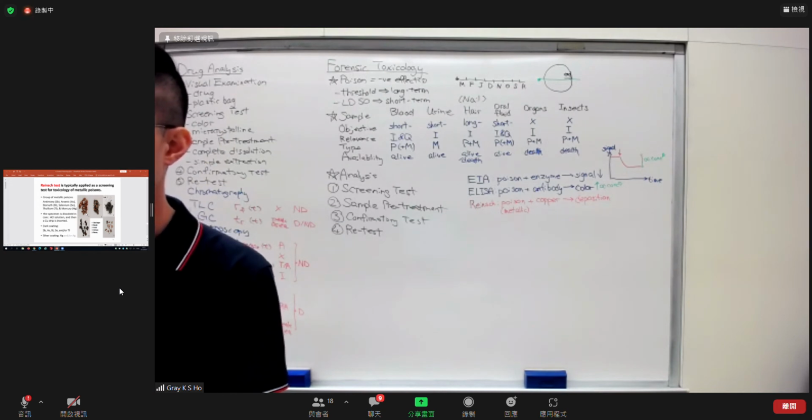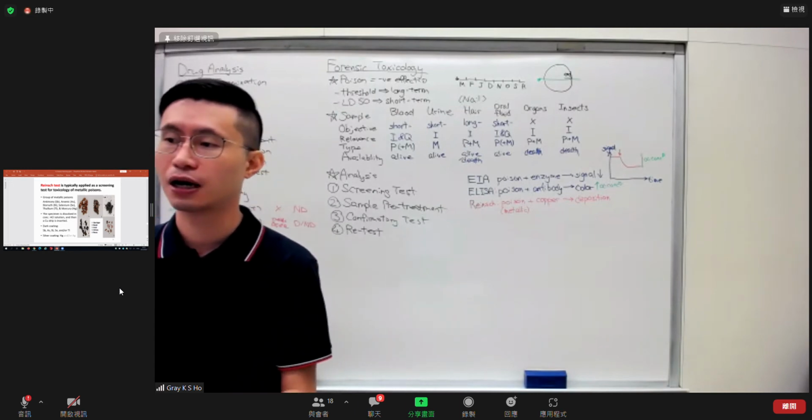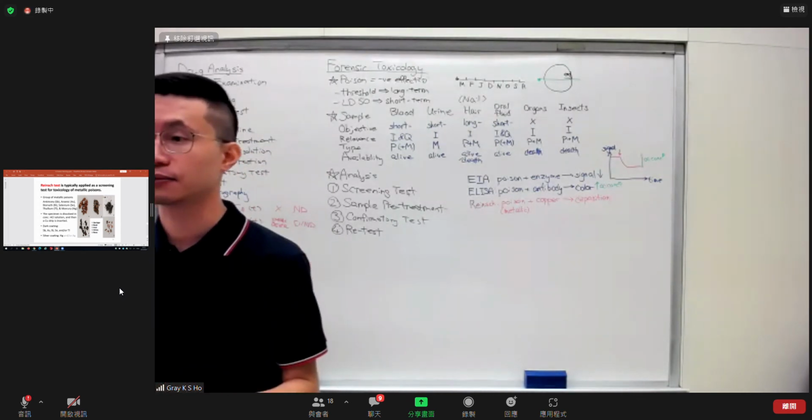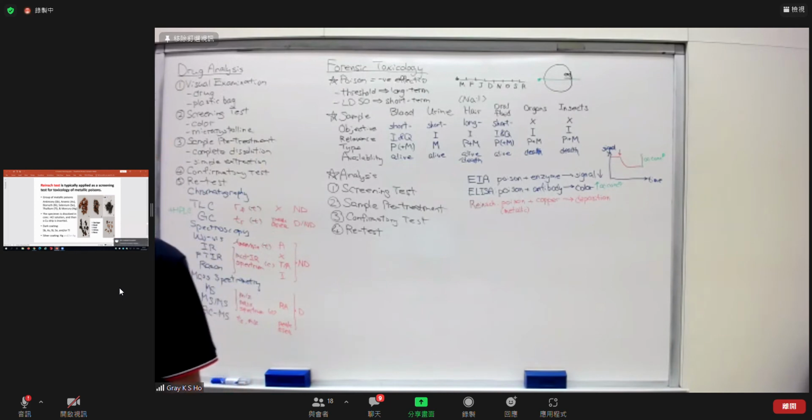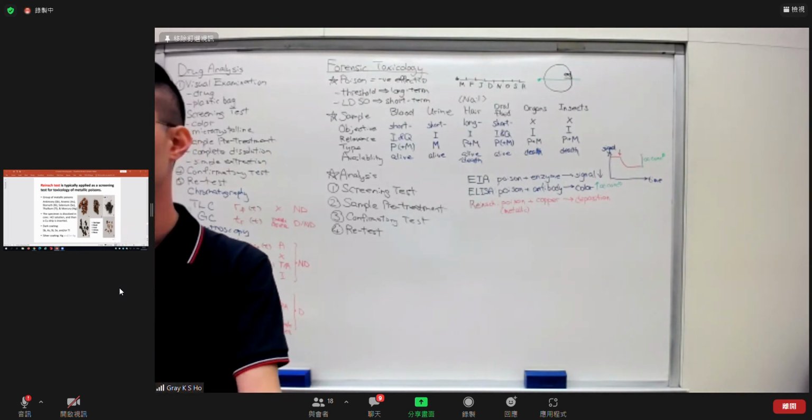From number one, that is the copper metal. With the presence of bismuth, arsenic, and antimony, you will see the copper surface has been darkened, because they have been deposited onto the copper.